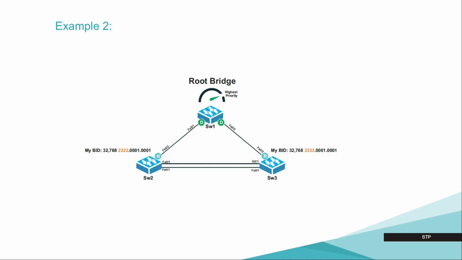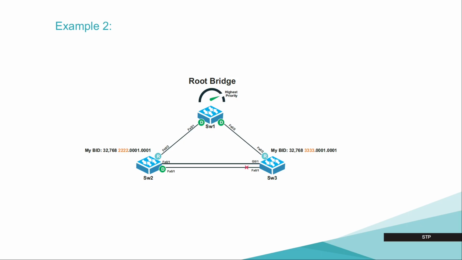The path with root cost 19 will be the root port. After that, the bottom path has an equal root cost. In that case, the bridge ID will be the tie break. Switch 2 has a lower bridge ID. In that case, switch 2 interface FastEthernet 0/1 will be designated forward and switch 3 interface FastEthernet 0/1 will be the plugged port.